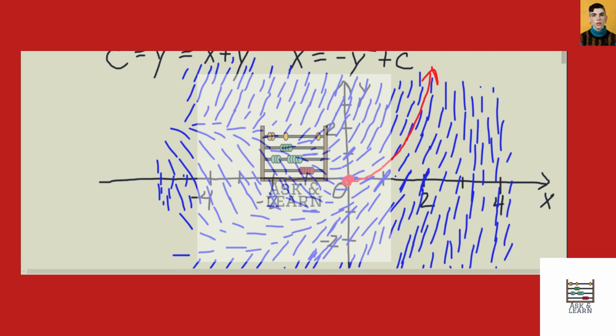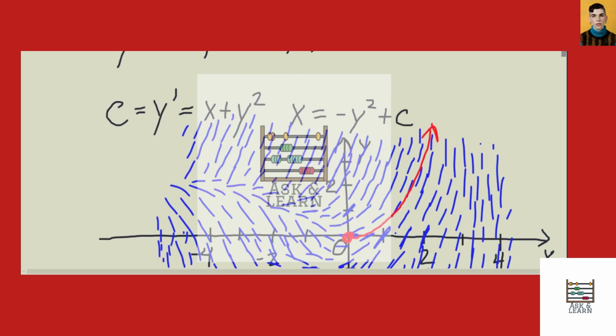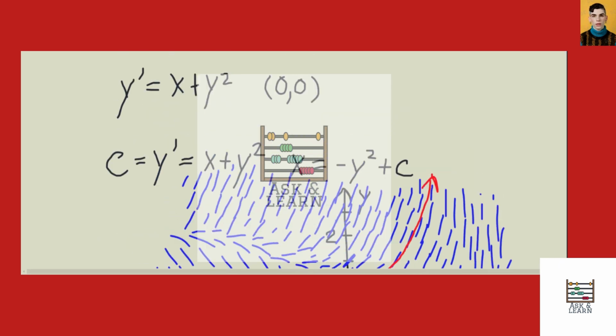As we approach negative infinity, it's a little bit tricky. Along the axis where x is equal to 0, y prime is equal to y squared. If y is equal to 0, we have y prime is equal to x, or that, taking the integral, y would be equal to 1/2 x squared.